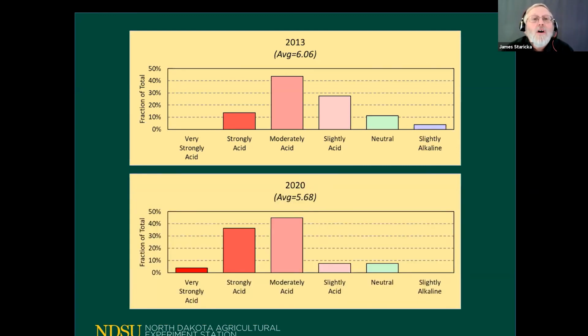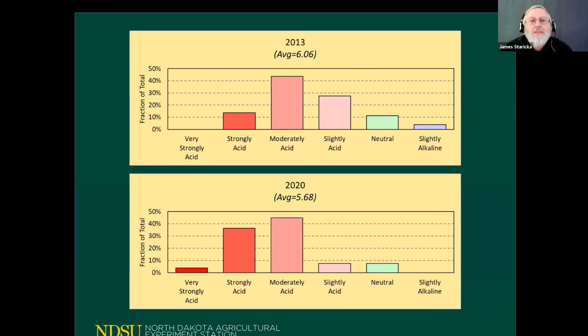Now, by last fall, 7 years after the study had started, the level of acidity had increased in 71 of 80 plots, or in other words, had increased in almost 90% of the area. The moderately acid category was still the most populated category, with its count increasing by 1.